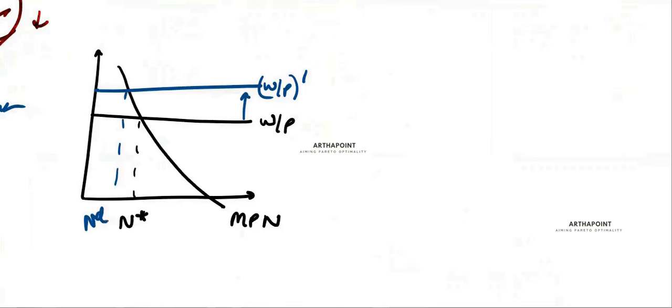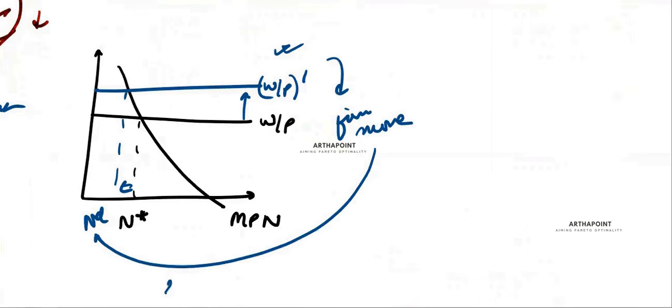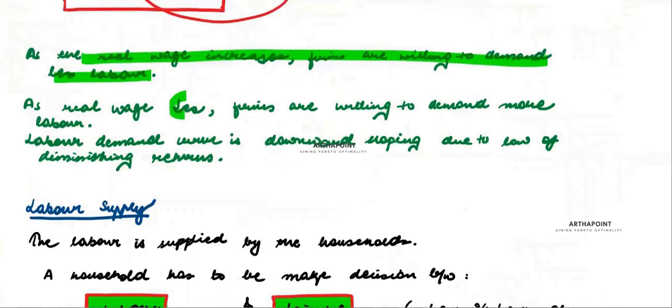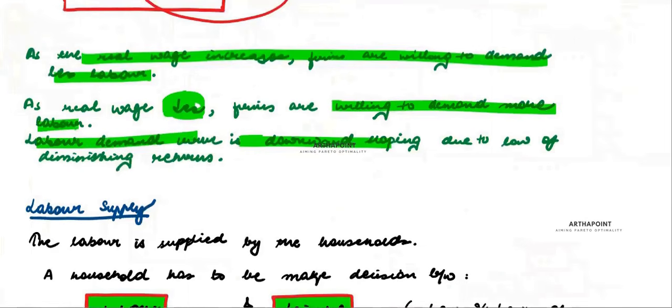Demand for labor will decrease. And it makes sense, right? If firms have to pay more, then firms will hire less labor. As real wage decreases, firms are willing to demand more labor. The labor demand curve is downward sloping due to the law of diminishing returns.